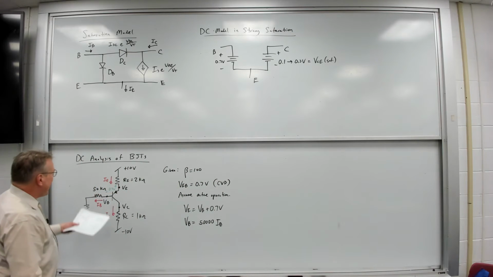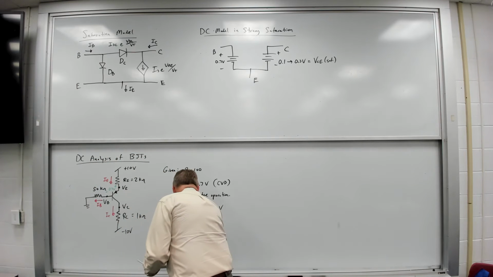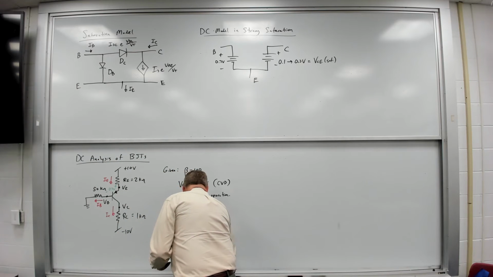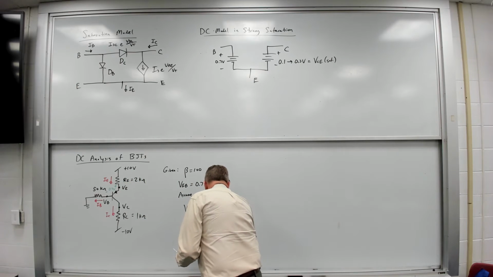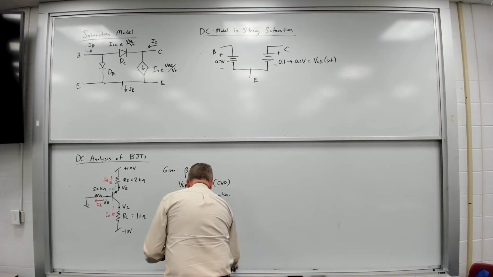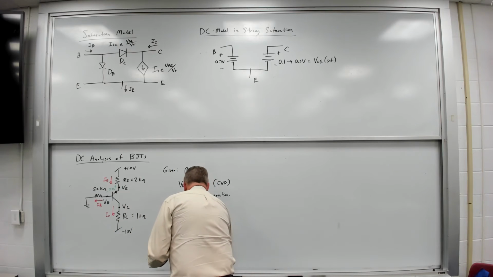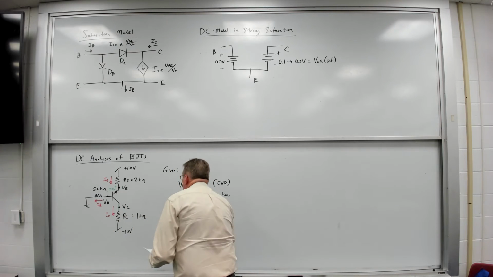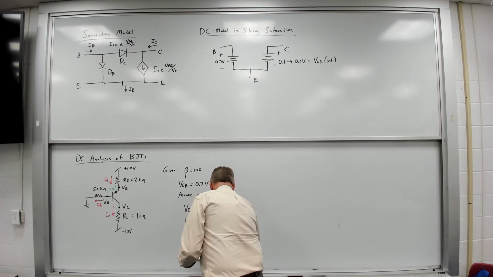I also know that VE is equal to 10 minus 2,000 times IE.